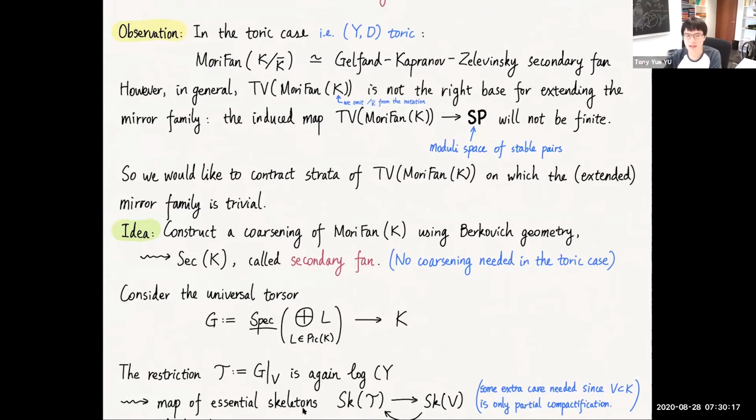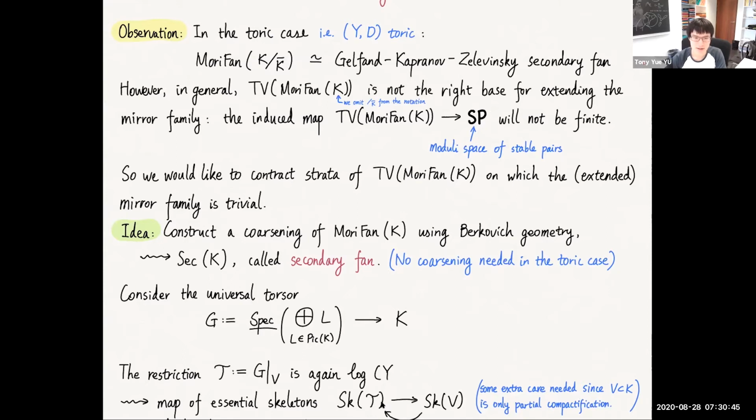Essential skeletons are some polyhedral subset of the analytification of these log Calabi-Yaus. And here we need some extra care since we only have some partial compactification. It's not a total compactification, and I will explain it in a moment.